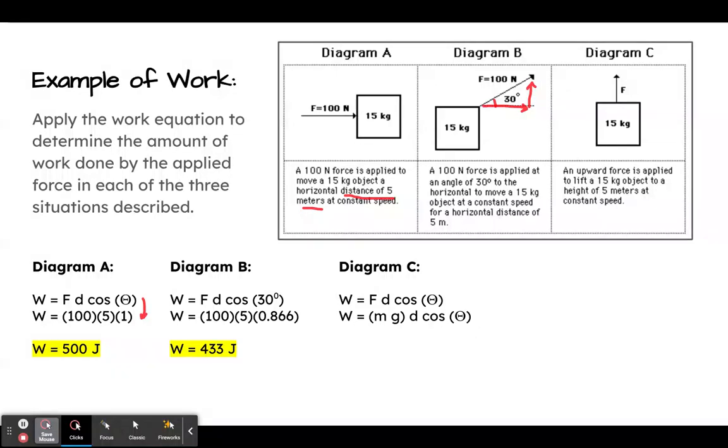Now, the force is pointed up, the displacement is pointed up. Force and displacement are in the same direction, right? So it's going to be cosine of 0, which is equal to 1. If this becomes just 1, then my equation is just m times g times d, which I recognize.